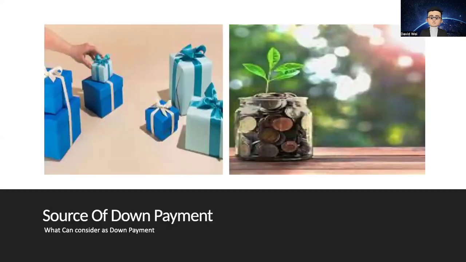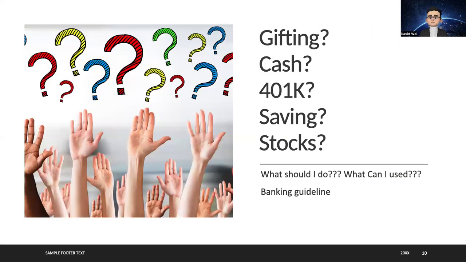Now let's talk about sources of down payment. What can be considered your source of down payment? Gifting. A lot of people ask me about gifting. Can you accept gifting? Yes, sometimes up to a certain percentage. Most banks only allow a certain percentage. Some smaller banks or different programs may allow up to 100% of the down payment as a gift.